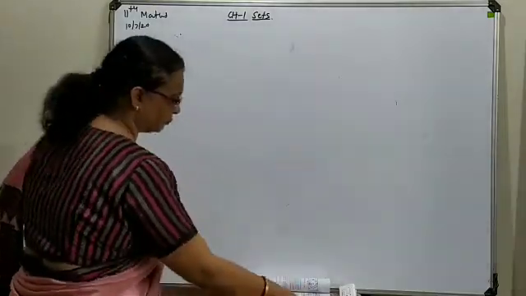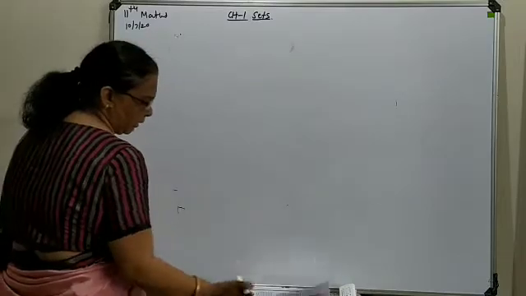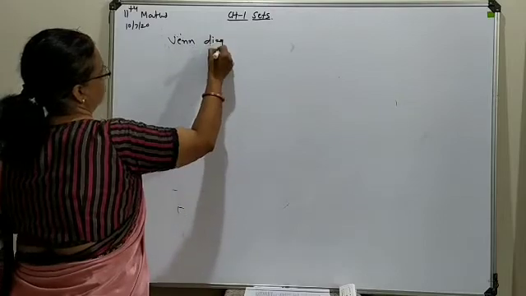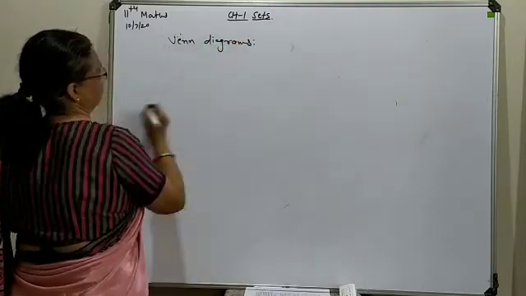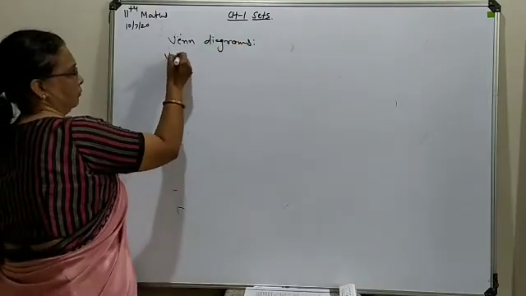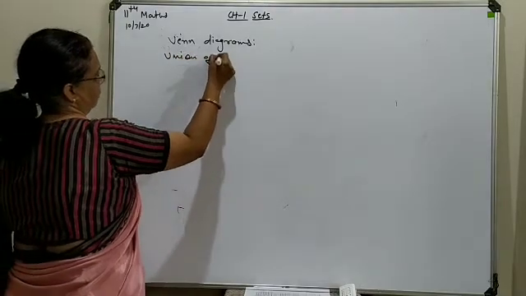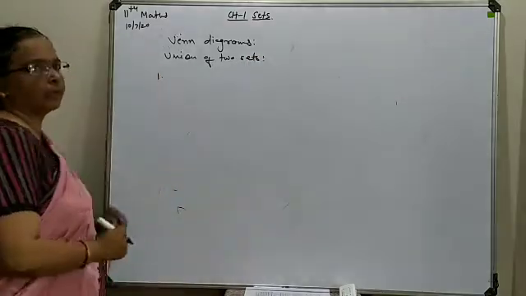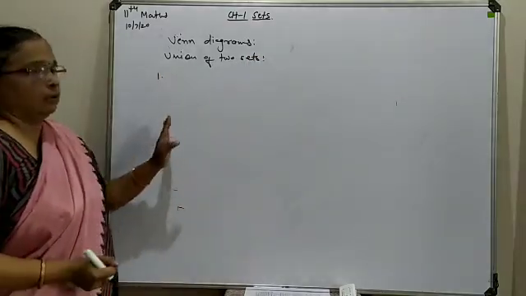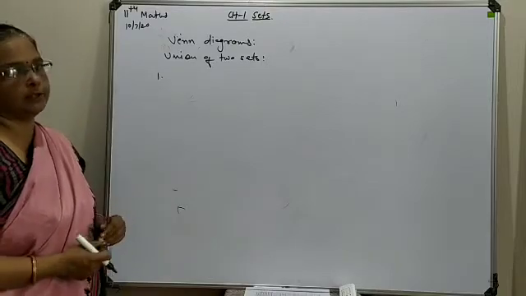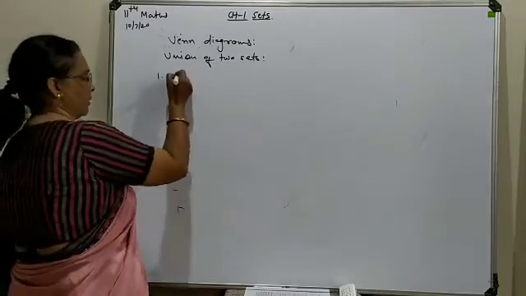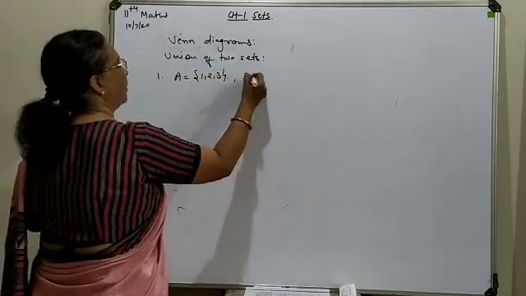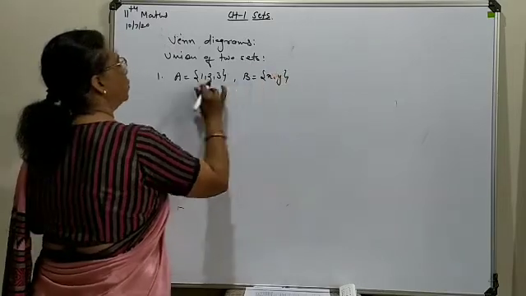Now here we take the first case, when two sets are available with distinct elements. Suppose A is available as this much and B we have is X and Y. Totally distinct elements.